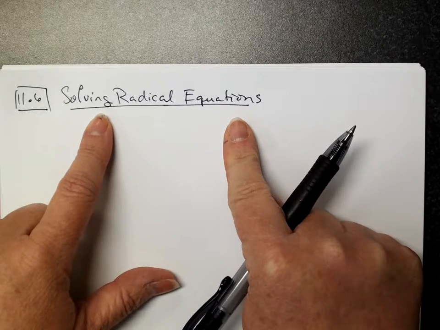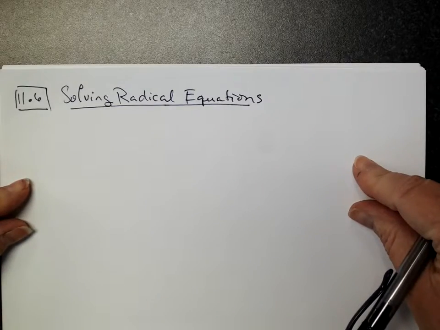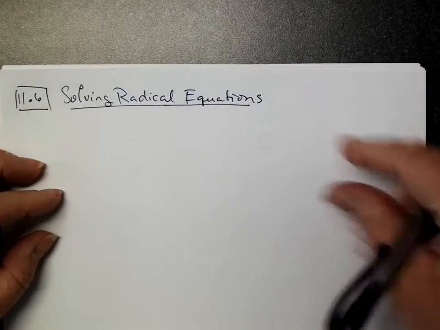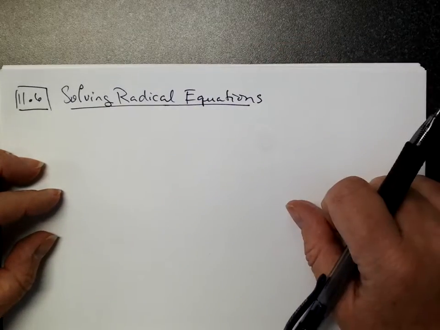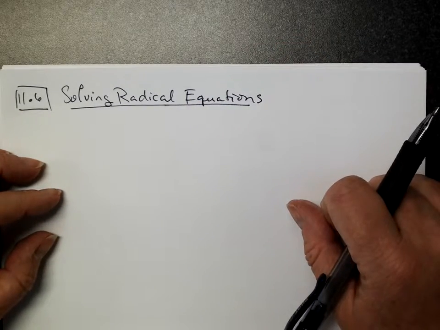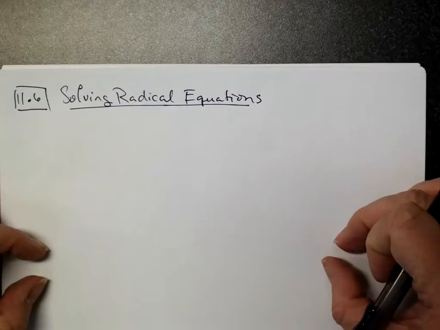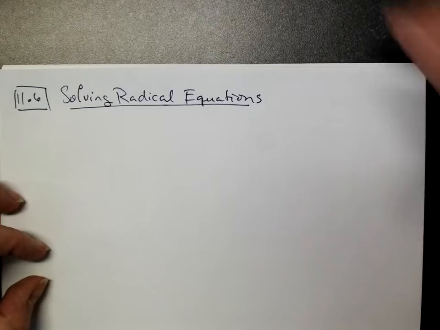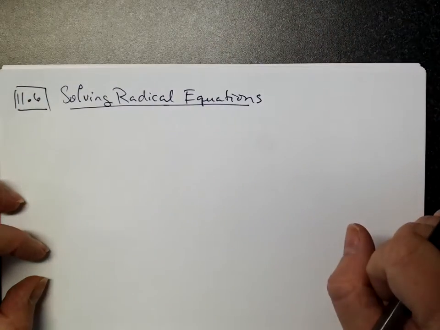Our first step is to turn it into a linear or quadratic polynomial. And if it's a linear, we'll solve for x, and if it's quadratic, we'll put it in standard form, factor, and get 2 solutions. But, just like with rationals, we're going to get all the possible solutions to those polynomials. That doesn't mean they're good solutions to the original radical. So we have to check our work.